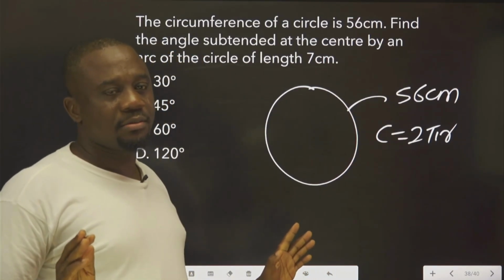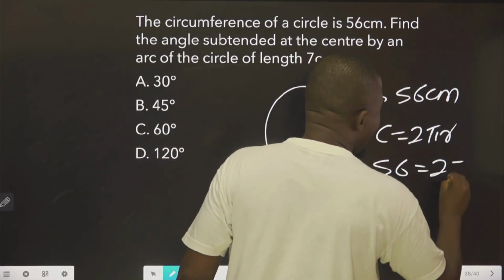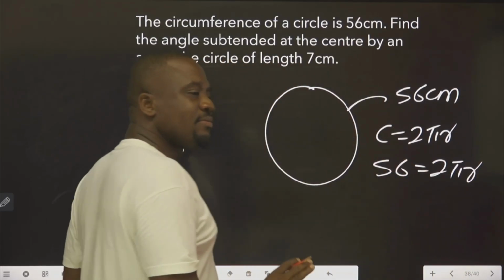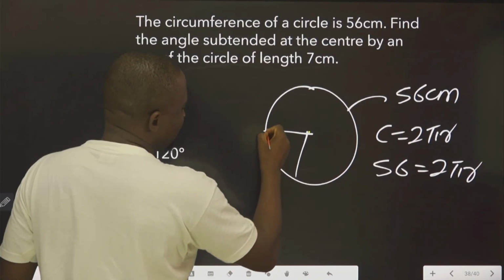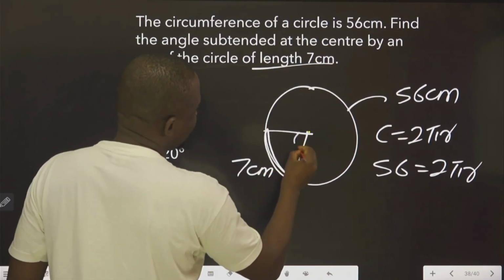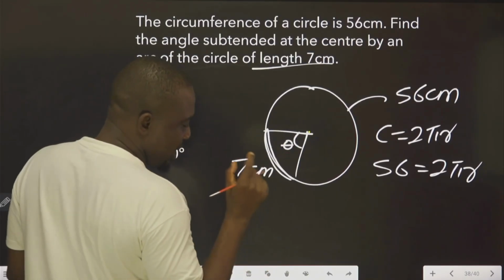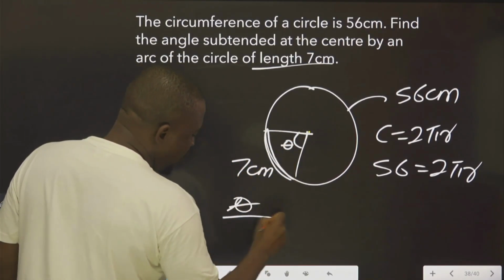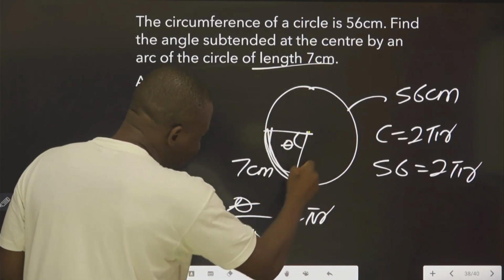It means, therefore, 56 is equal to 2 pi r. I leave it like this. I also know that if we are asked to find this, that is this length, which is 7 centimeters, we put theta here. The formula for this is theta over 360 times 2 pi r. That is to get this 7.